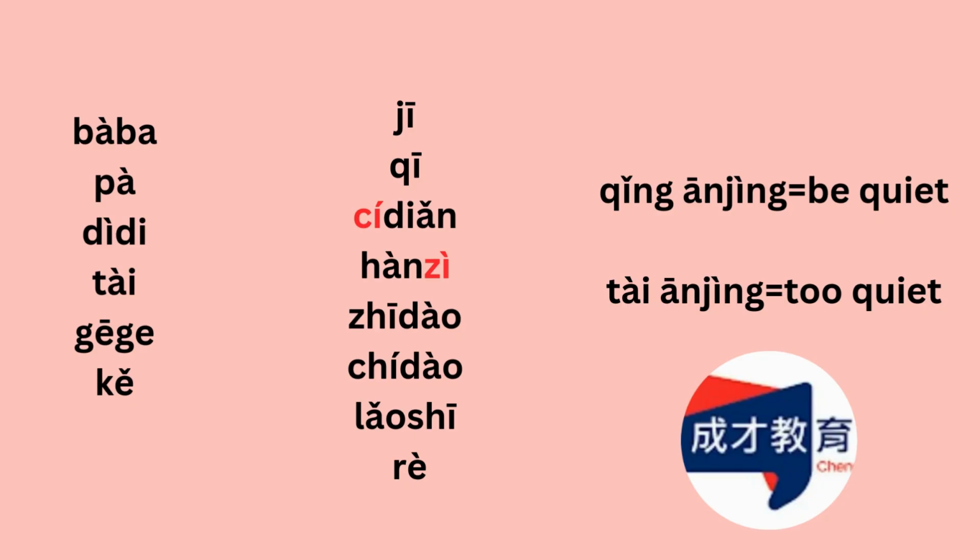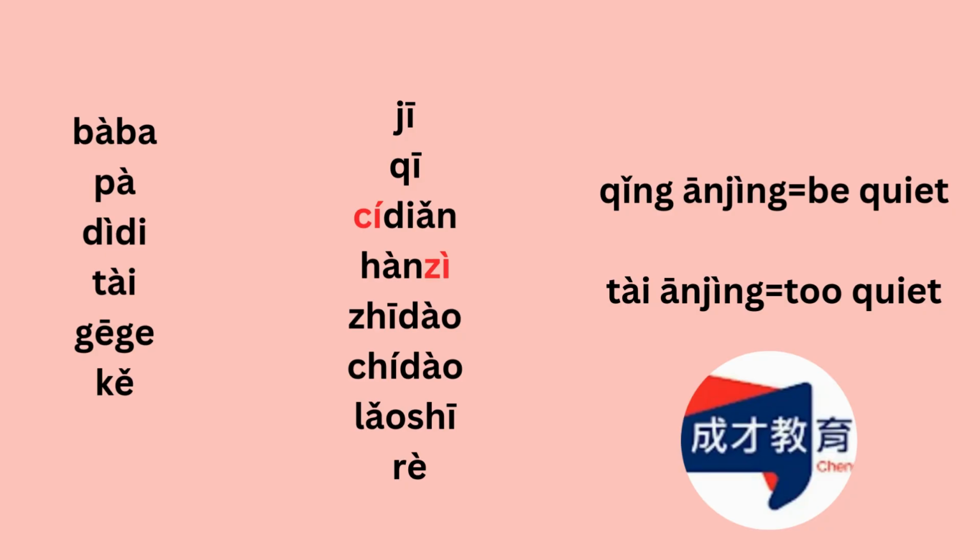And then next. 特，太 very. 哥哥 elder brother. Next. 可 thirsty. 鸡 chicken.